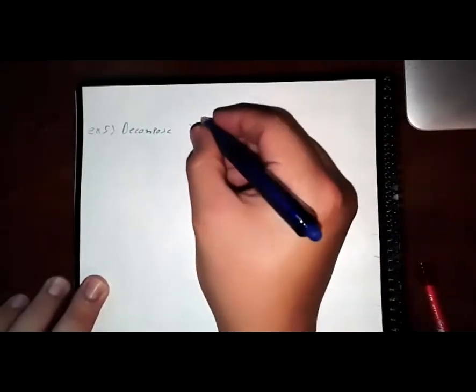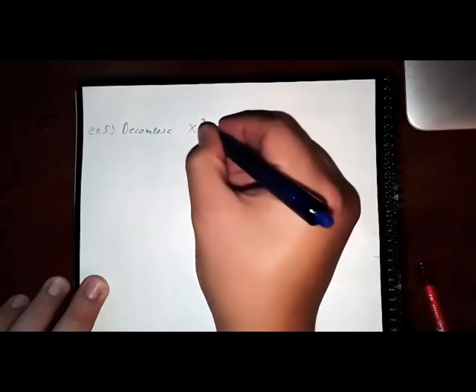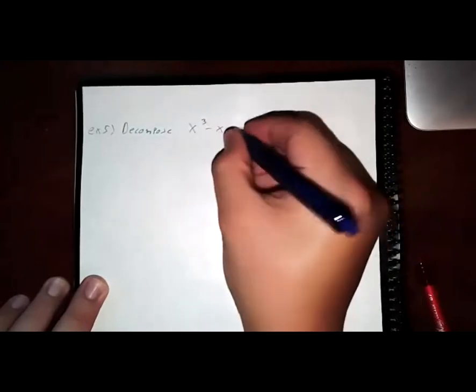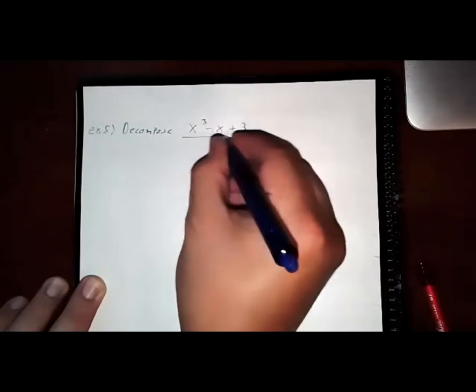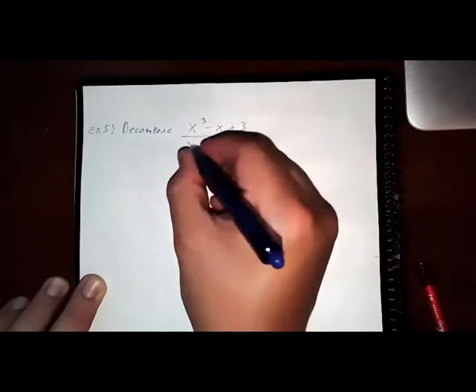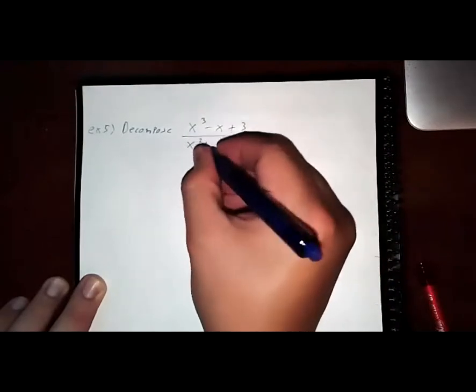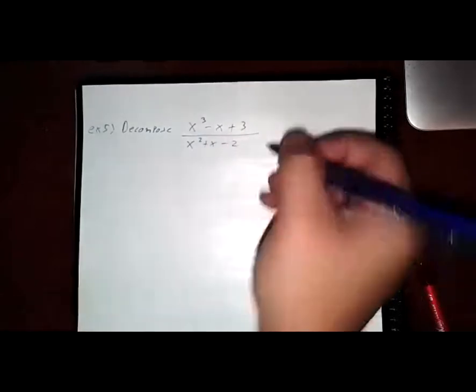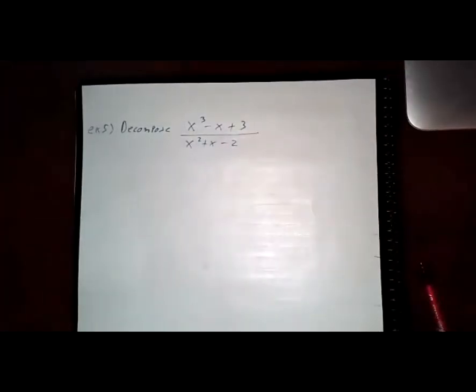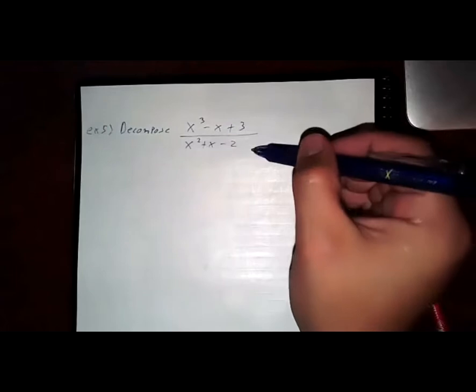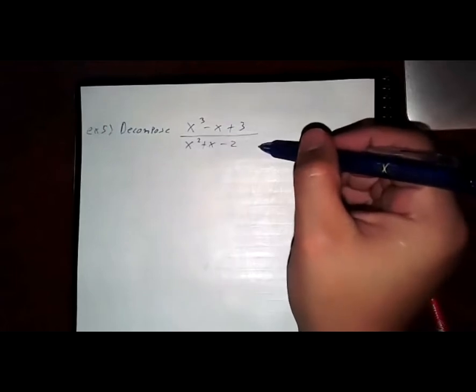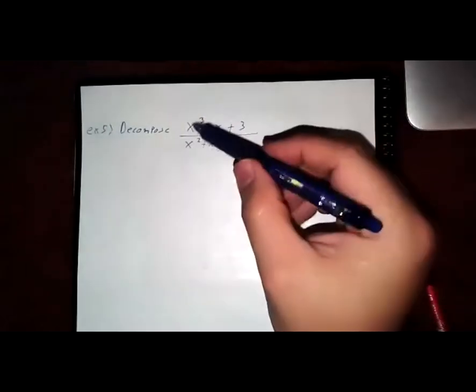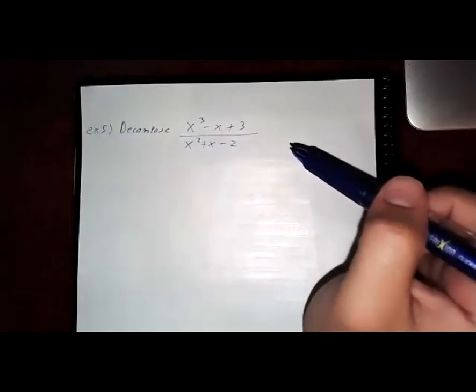x cubed minus x plus 3 over x squared plus x minus 2. So you see how the power on the top, or the degree of the numerator, is higher than the denominator? So whenever this happens, you have to do case 5.